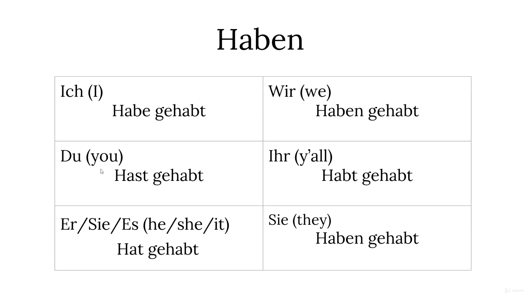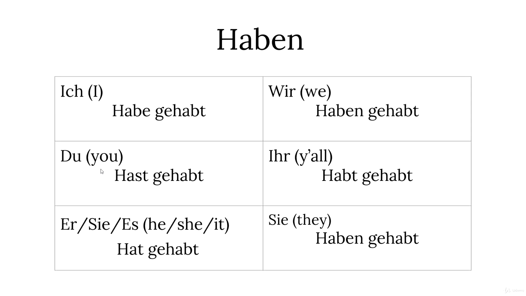Let's see how we can use some verbs, starting with haben, which means to have. So if you want to say had, it's going to be like this. For I, you say ich habe gehabt.